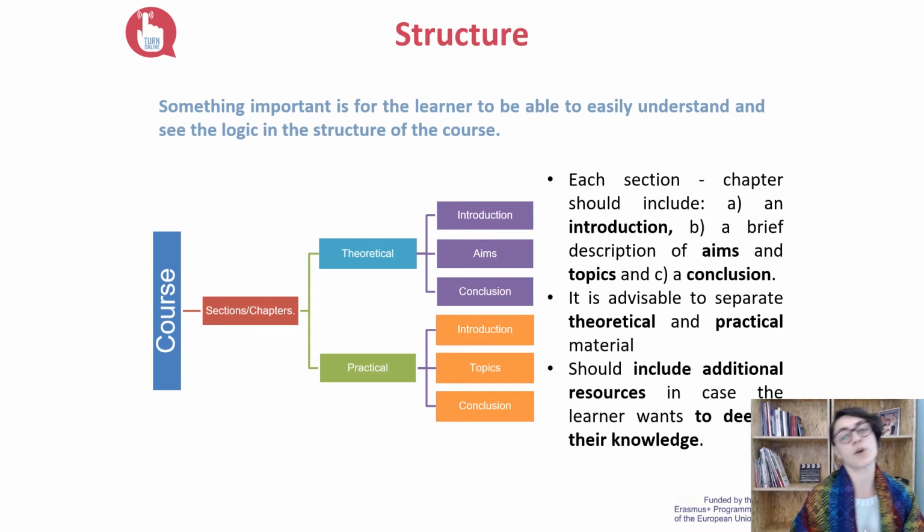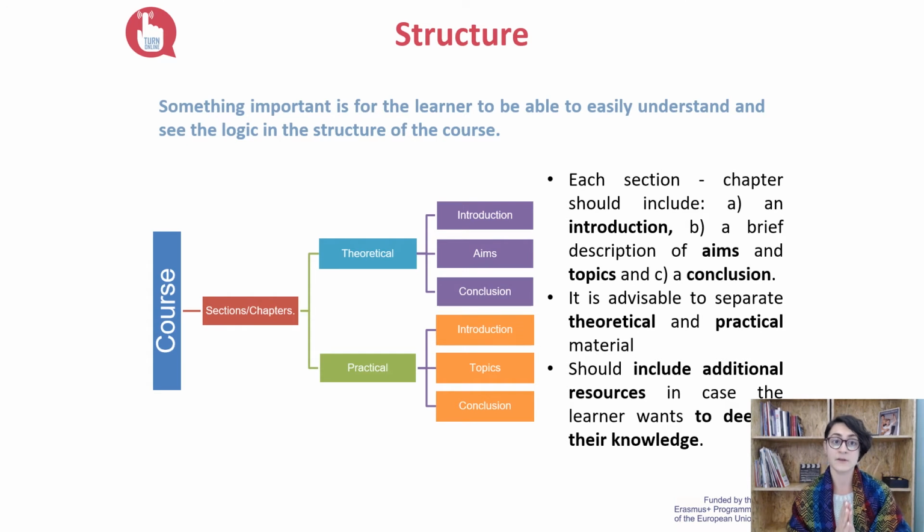Structure. Now we go to the main part of the e-learning course. The learners should be able to easily understand and see the logic in the structure of the course. Each section should include normally an introduction, aims, the topics, and the conclusion. So it's advisable that you divide theoretical and practical parts.